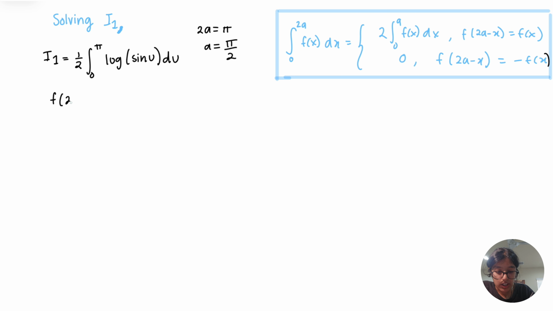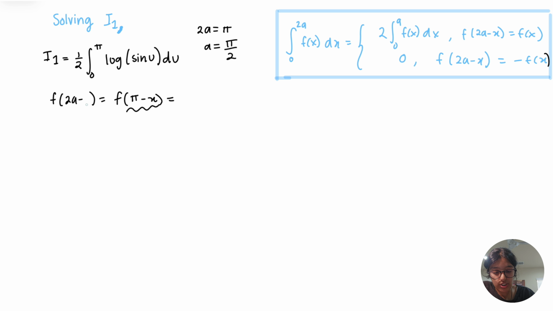So we have f of 2a minus x. I know that 2a is equal to pi, and then I know that x is just minus x. And from here, I'm going to replace it in here. And over here, I realize that there is a little bit of discrepancy. Our function is in terms of u, but our hint is in terms of x. Either way, they're the same thing.